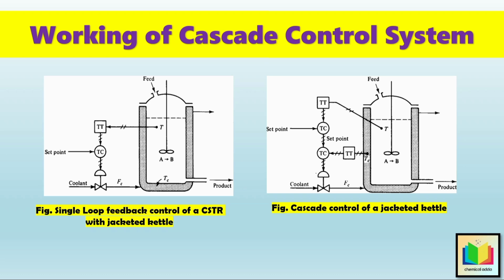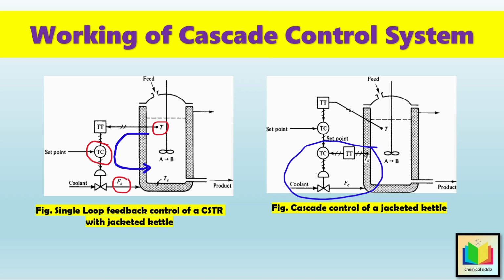In a normal feedback loop, we control the reactor temperature T by adjusting the coolant flow rate FC using just one controller. But here's the problem. If the coolant temperature Tc changes, the controller won't react until the reactor temperature T starts to change, and by that time, the process may already be affected. Hence, in cascade control, we add a second control loop that measures the coolant temperature.